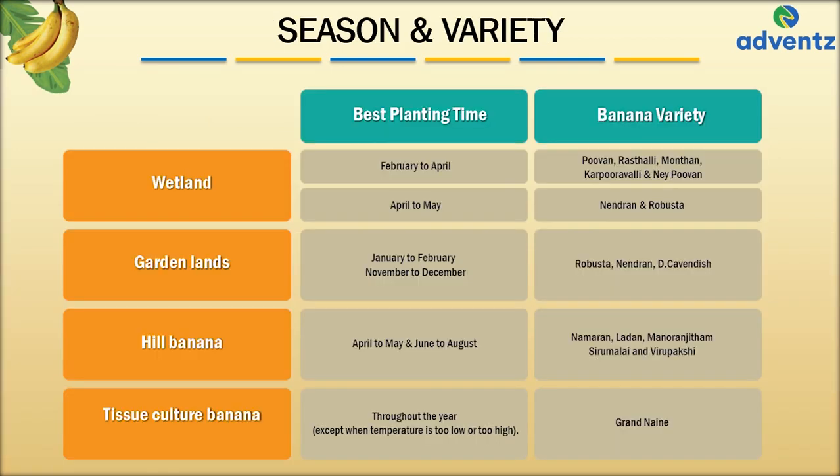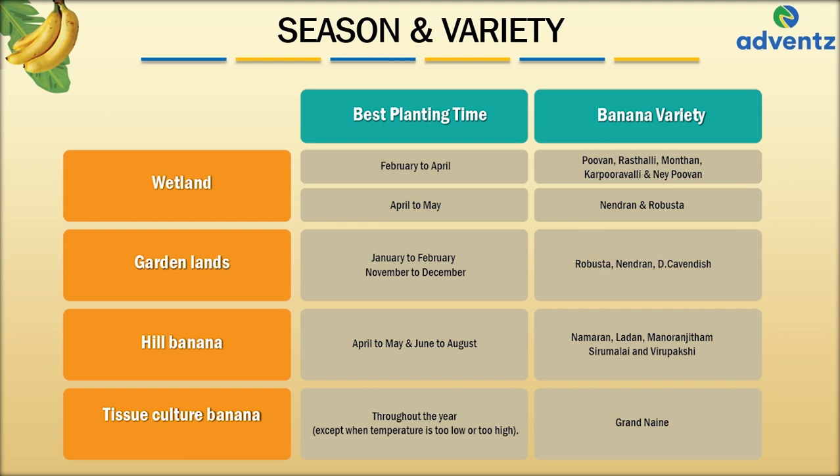Different types of lands are suitable for banana cultivation. Let us now understand the season and varieties which are best suited for each type of land. For wetland, the best time for planting is between February to April and April to May.